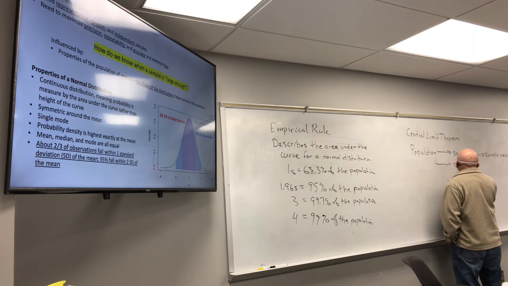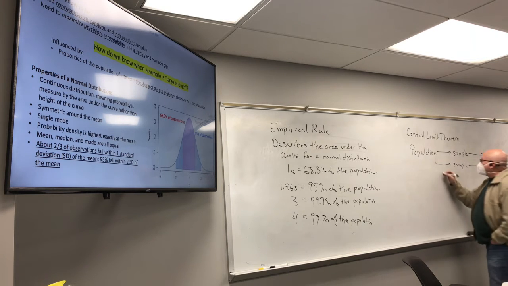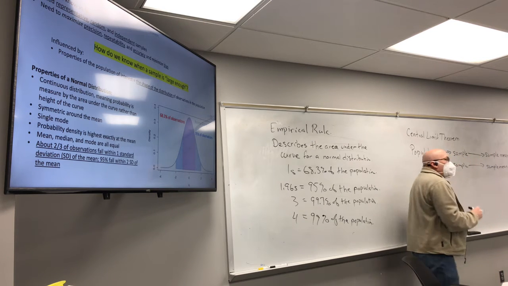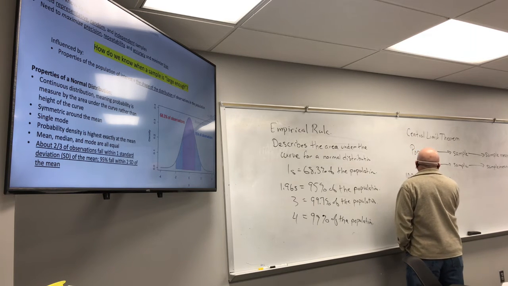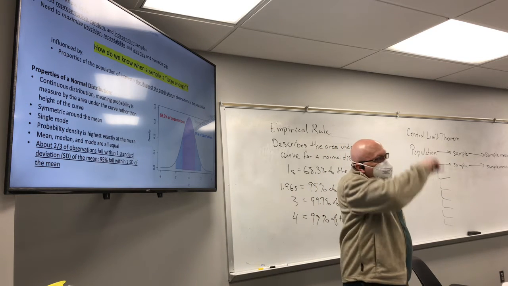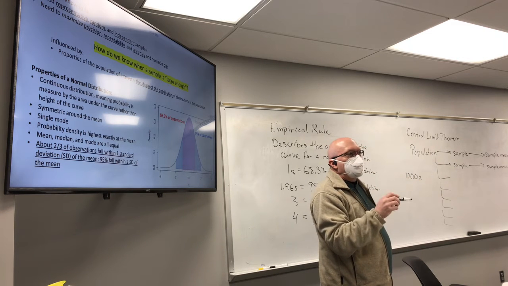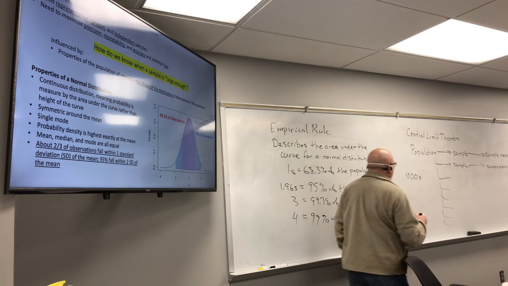Take a sample, calculate the sample mean, save that sample mean, go back to the population, and do it again and again. Do this 1,000 times. When you then plot the distribution of those sample means, guess what the shape of that distribution will be? It'll be a normal distribution.